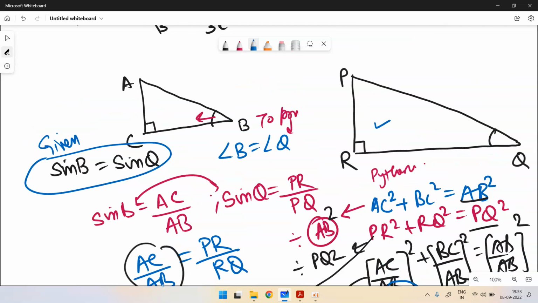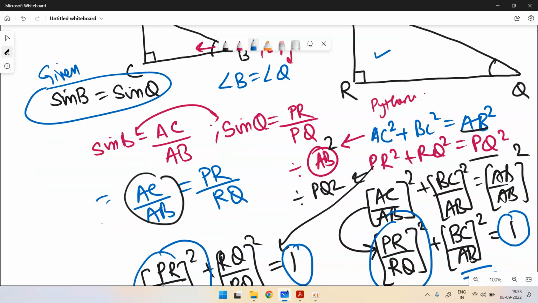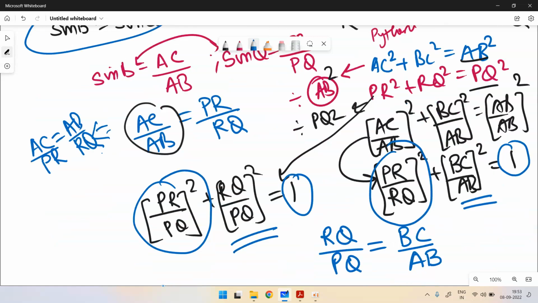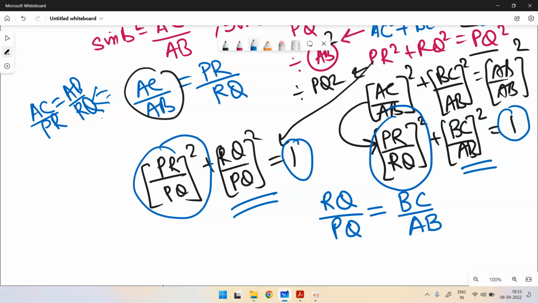From here only you can see that AC by AB is equal to PR by PQ. So here you can write that AC by PR equals AB by PQ.